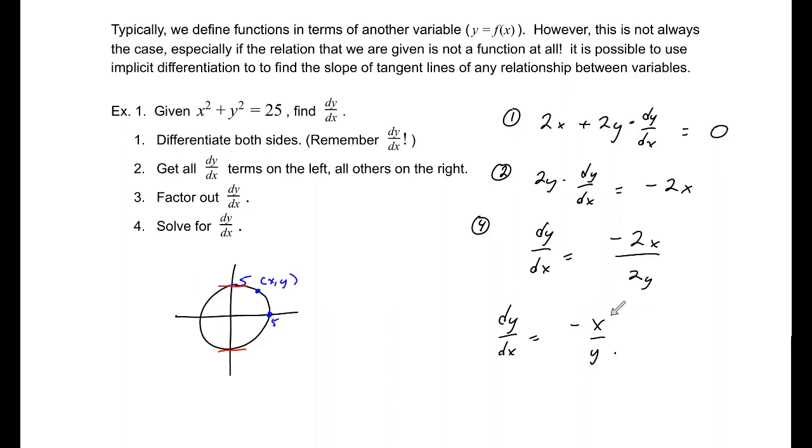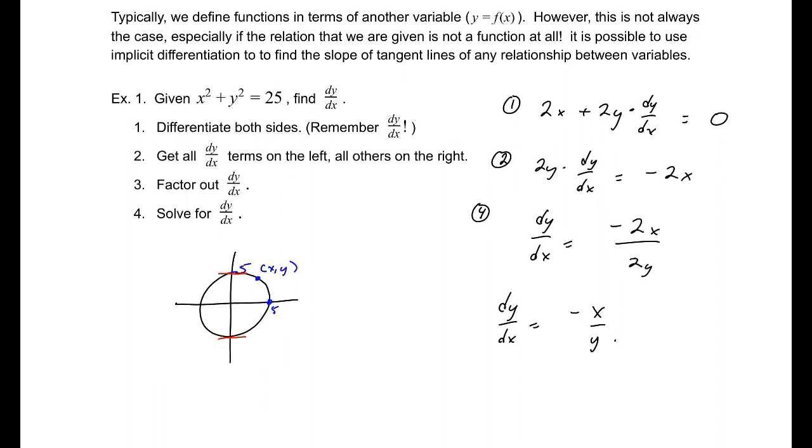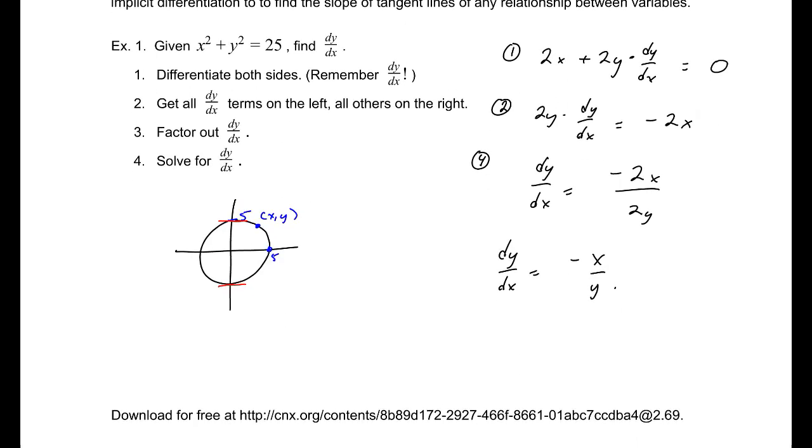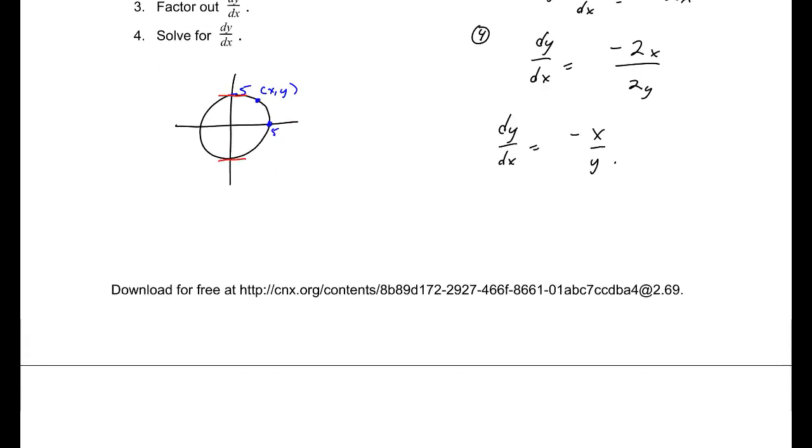There happen to be two of those points, but when x is 0. If I want to know where the slope is undefined, that would be these points right here at 5, 0 and negative 5, 0, which is where y is 0. Okay, so that is the big deal here. It allows us to find the slope when it's not a function. All right, we're going to hold on to that, and we're going to use that later, actually.